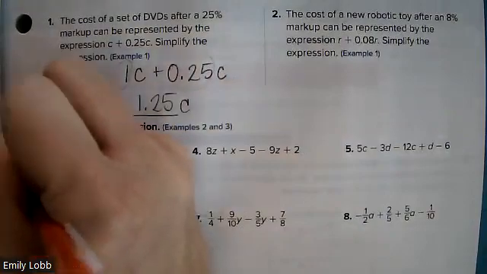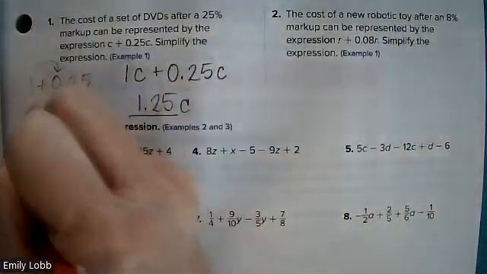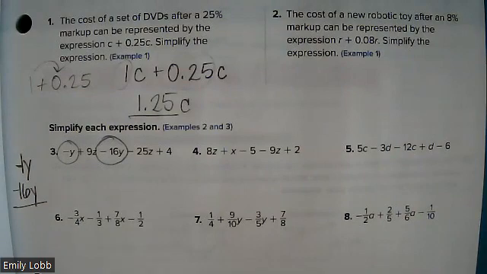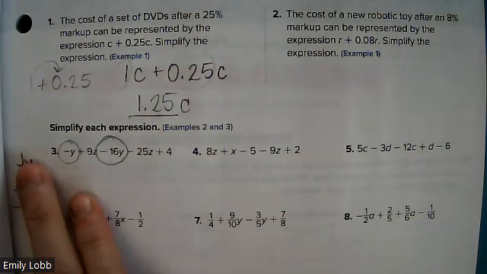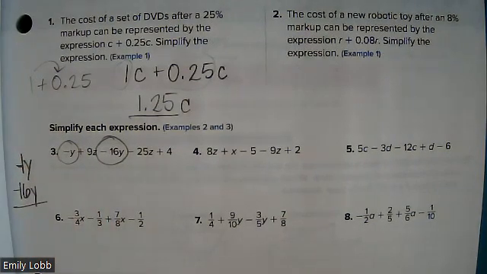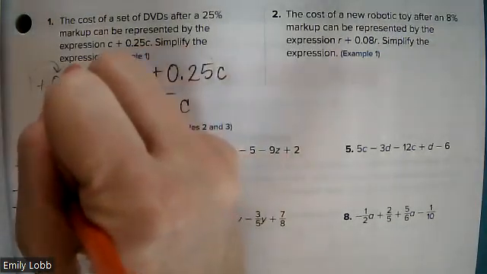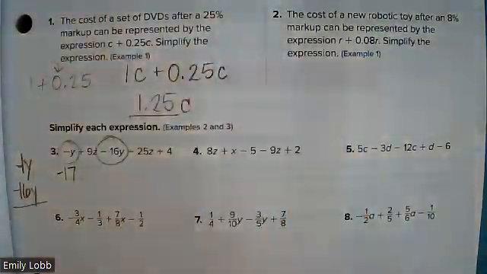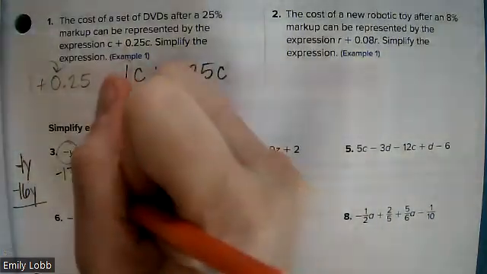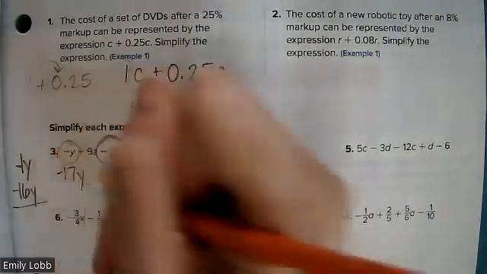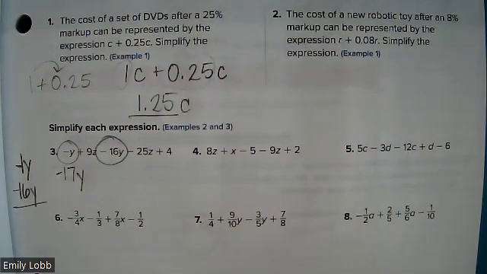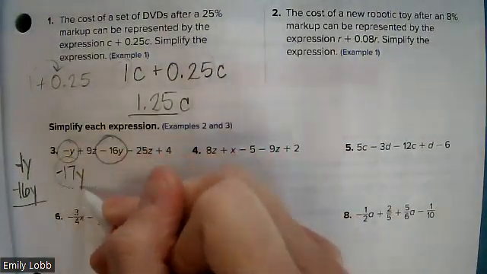And then we have negative 16y. So it's getting more negative. So if this is getting more negative, what's negative 1 minus 16? It's getting more negative. So we're at negative 17. Excellent. So that's being multiplied by the y. That's what we're combining here, right?